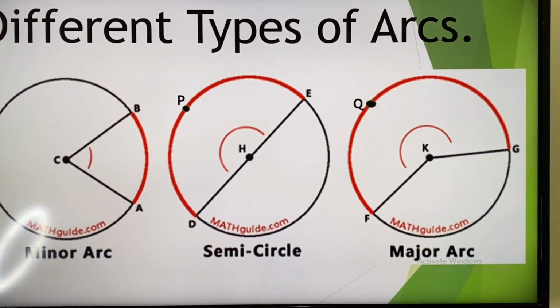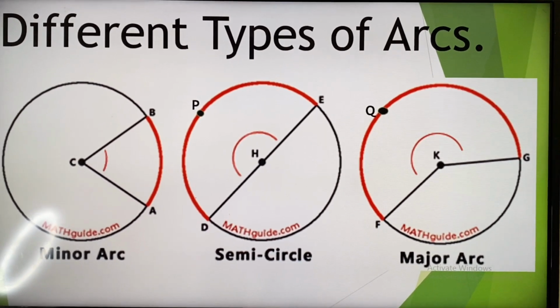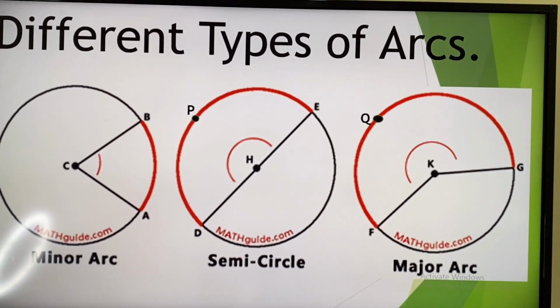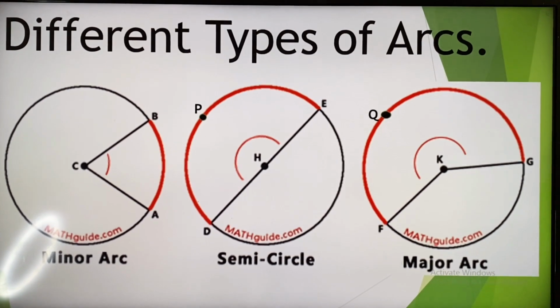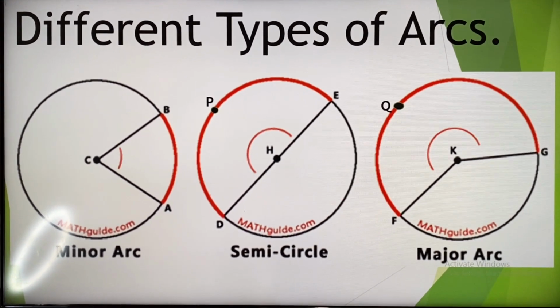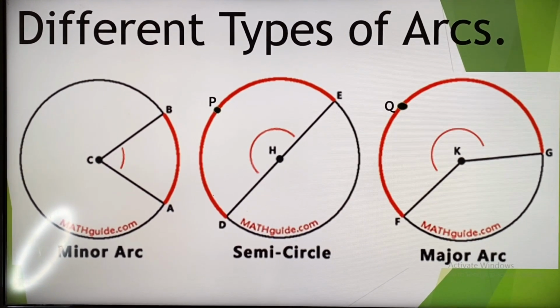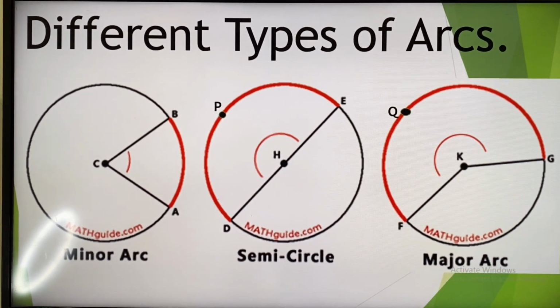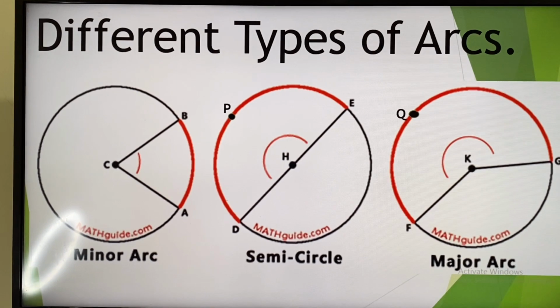And then the third one, for the major arc, we have arc FQG is equal to 360 degrees minus angle FKG.